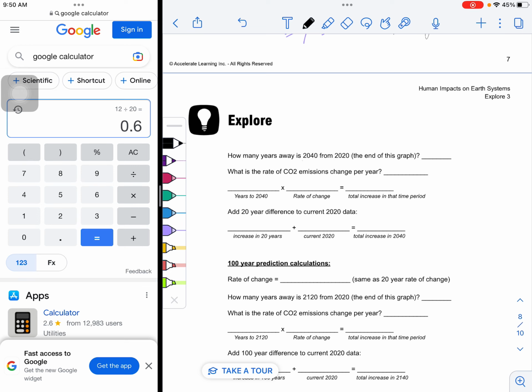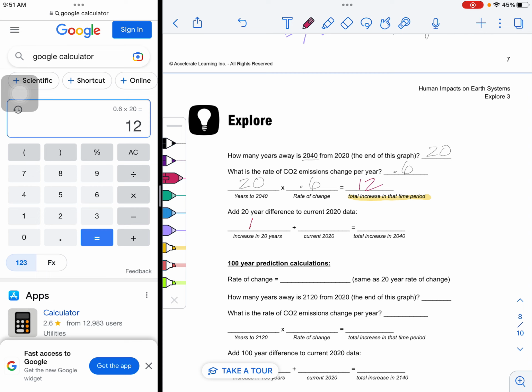So we're trying to predict to the year 2040. Well, that's 20 years from now, with that change of 0.6 per year. So I'm thinking about, in 20 years' time, if it continues to change at 0.6 per year, what will that total increase be over that 20 years? So 20 years of that increase of 0.6 means it will have gone up 12 billion tons from where we are now.